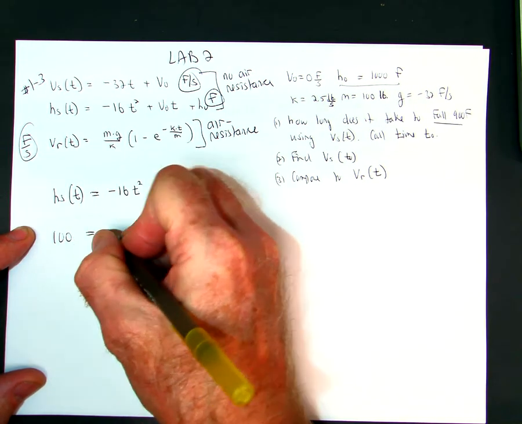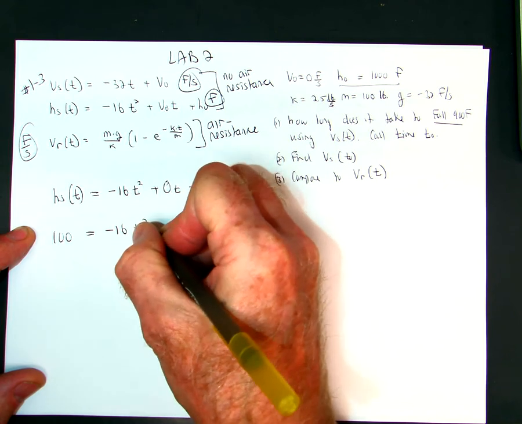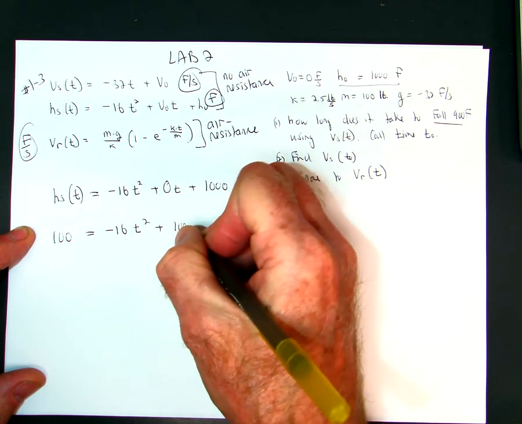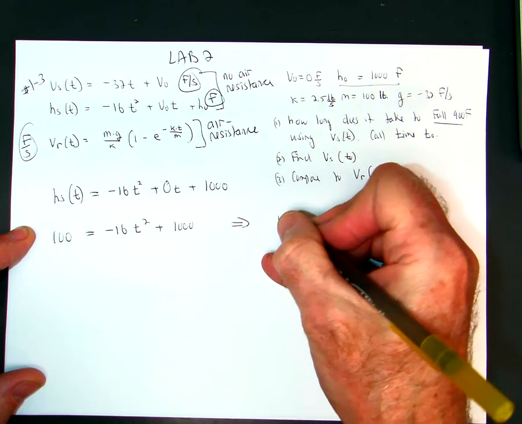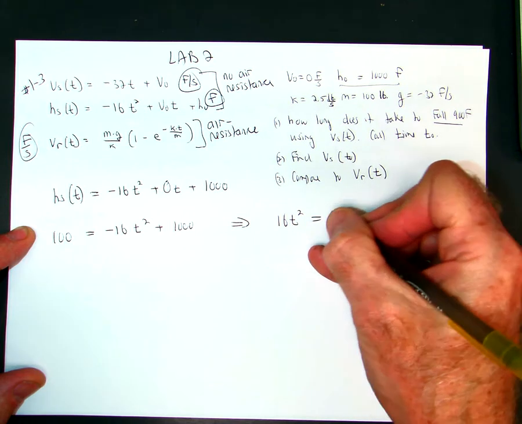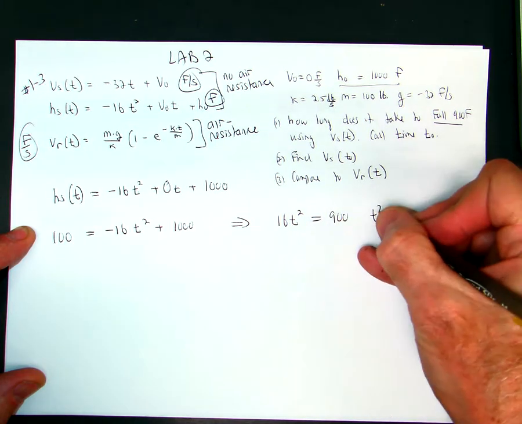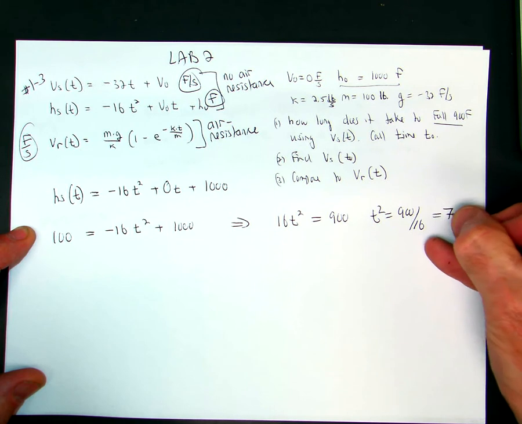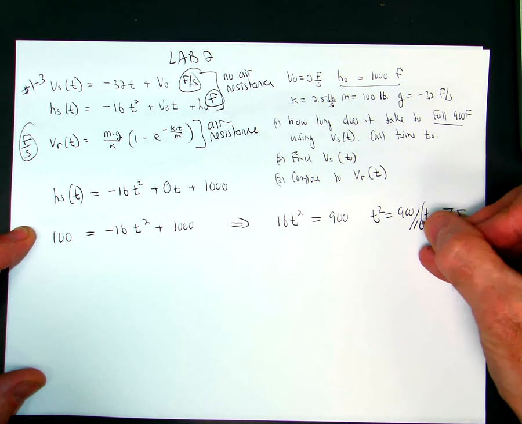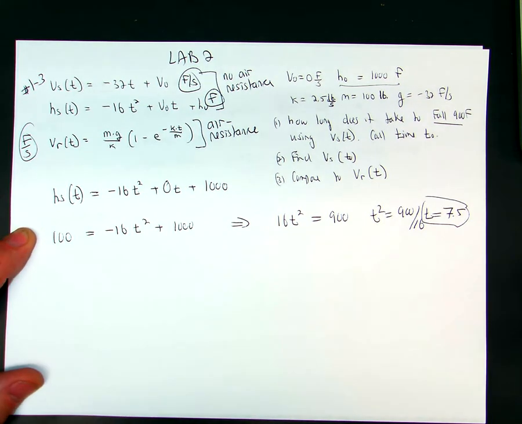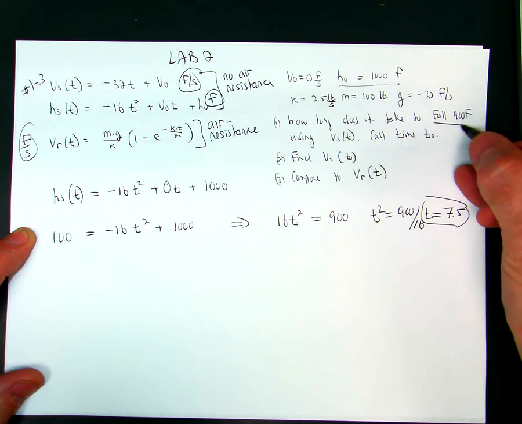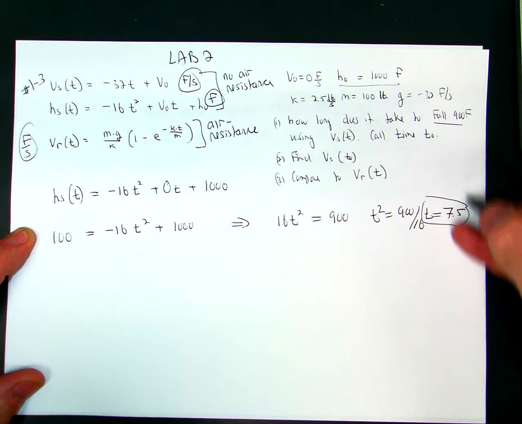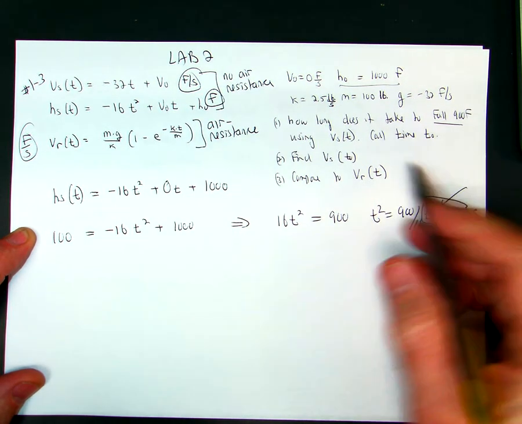So I have to solve this, and that's going to be 16t squared equals 900. T squared equals 900 over 16, and that's going to be 7.5. That's what t is when you solve it. Okay, so how long does it take to fall 900 feet using this model? 7.5 seconds.